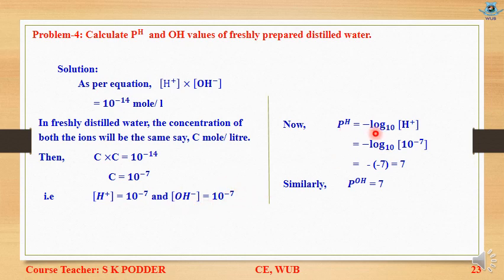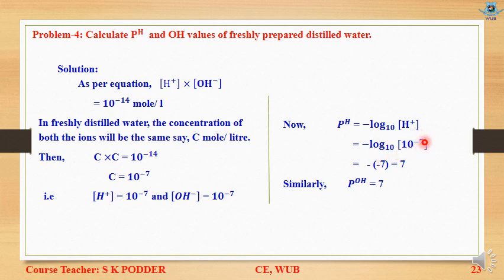So pH is equal to the minus logarithm of the hydrogen ion concentration. So minus log of 10^-7, and log 10 base 10 is equal to 1.